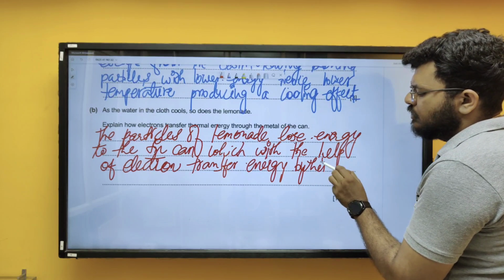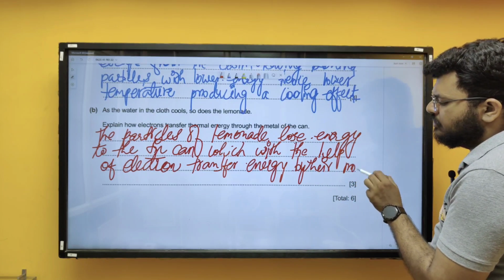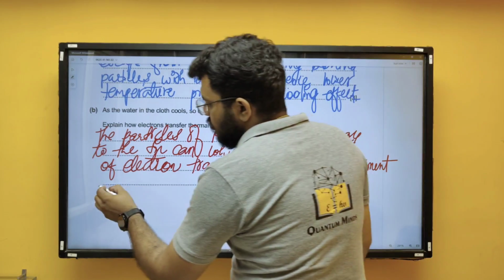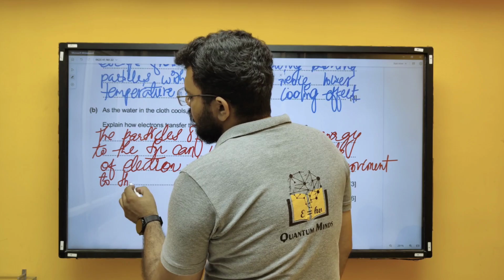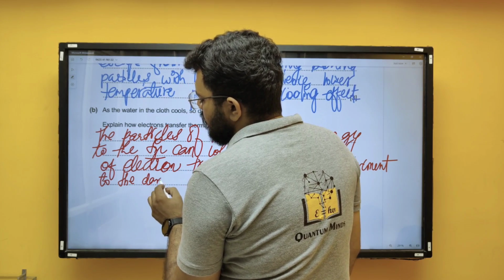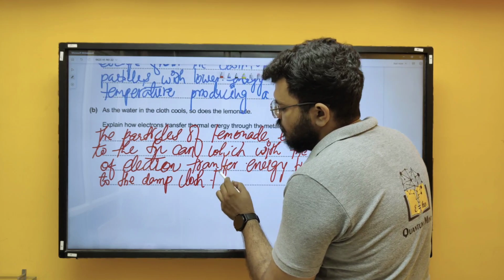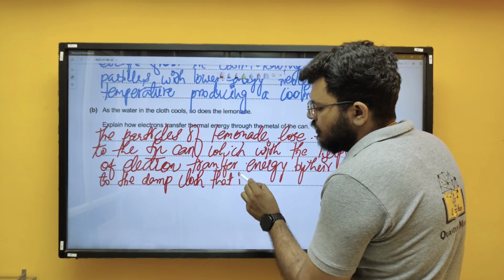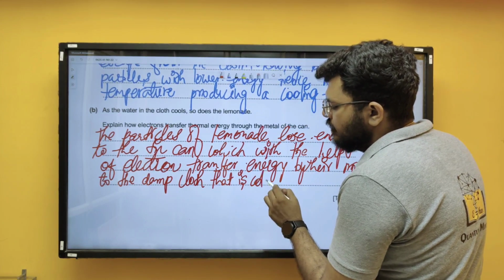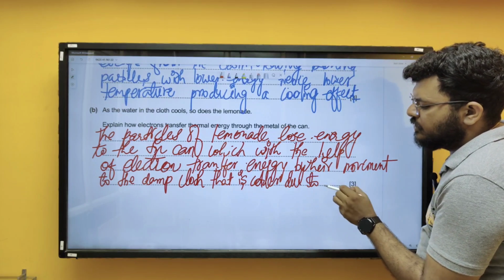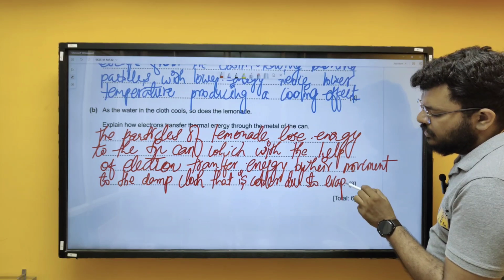The electrons move by their movement to the damp cloth that is colder due to evaporation, right?